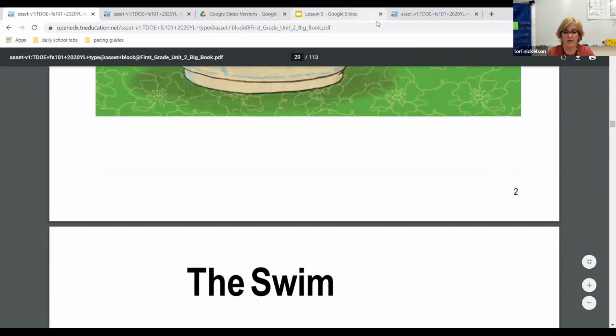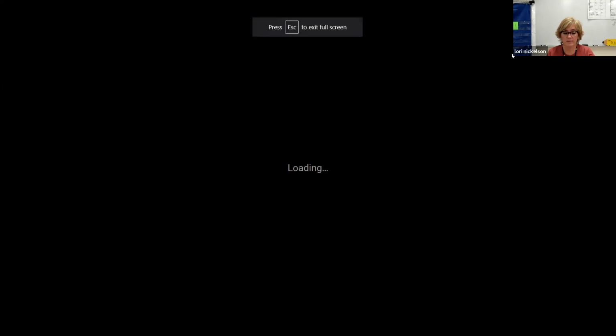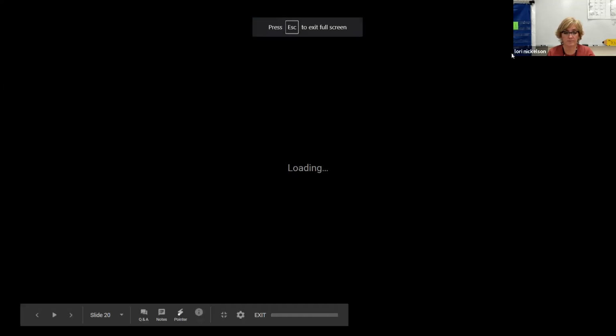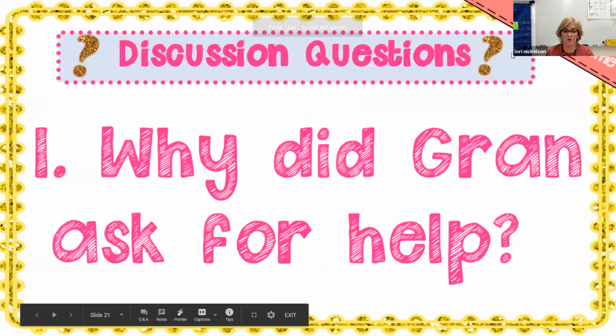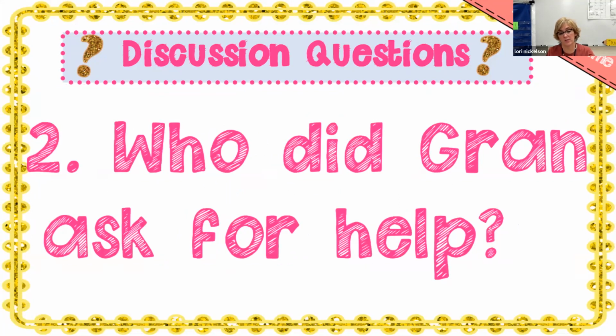So let's go back to our lesson. So why did Gran ask for help? She lost Wong, didn't she? Who did Gran ask for help? She asked Jen and Josh to help her find Wong.